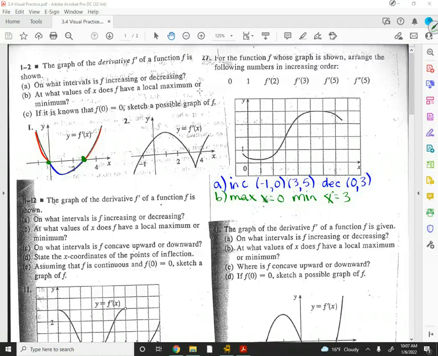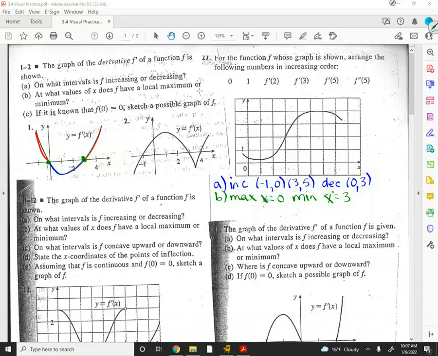Okay, now for part C, we're going to sketch a possible graph. So that word possible, it means that there's not just one right answer, and it's not going to be point by point accurate. It's just going to give us an idea of kind of the flow of the graph.